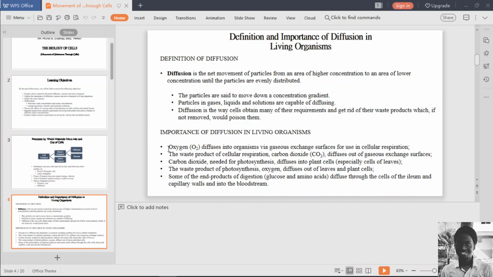The waste product of photosynthesis, oxygen, diffuses out of leaves and plant cells into the environment. Some end products of digestion, such as glucose and amino acids, diffuse through the cells of the ileum in the small intestine and capillary walls and into the bloodstream. So these are the importance of diffusion in living organisms.